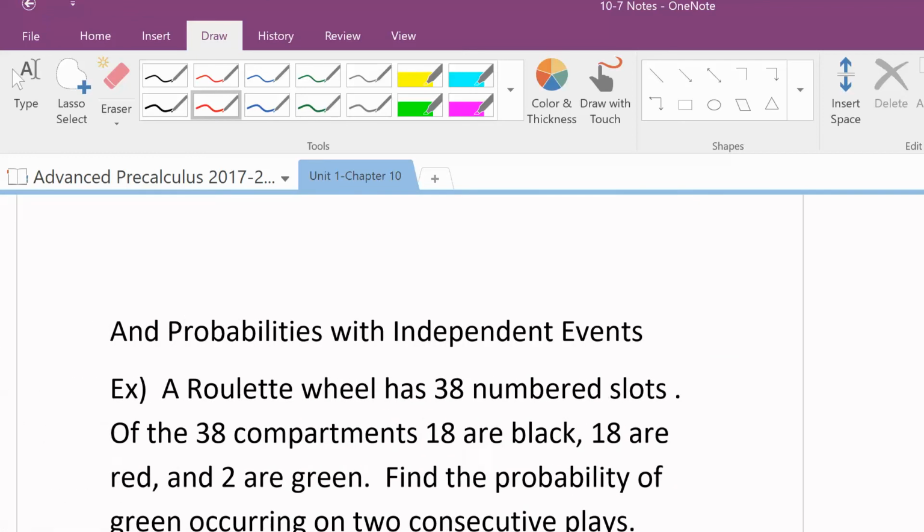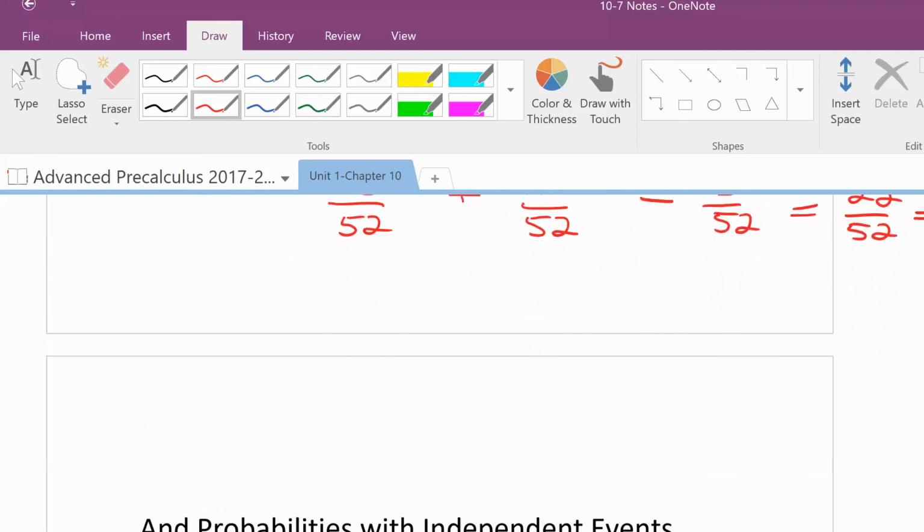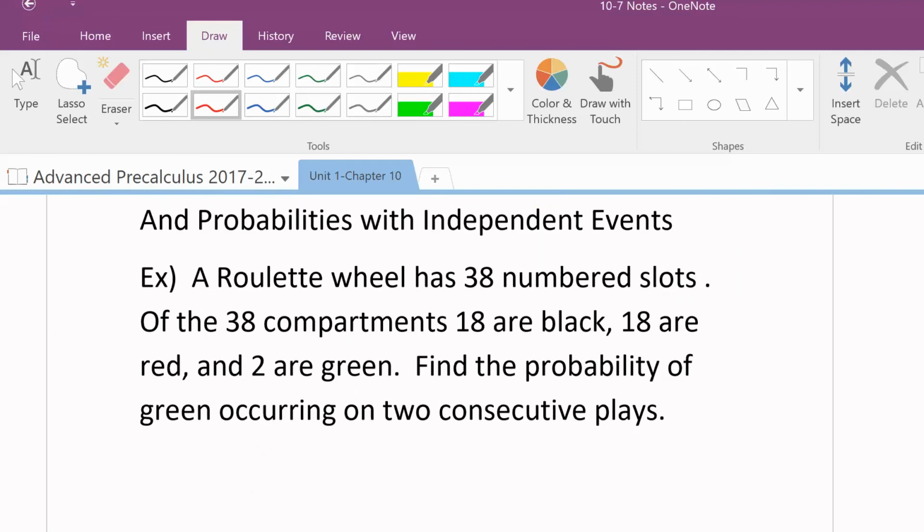All right. Next, probability when you're dealing with independent events and you have the word and. So for example, here a roulette wheel has 38 numbered slots. Of the 38 compartments, 18 are black, 18 are red, and 2 green. So find the probability of getting green occurring on 2 consecutive plays. So you want the probability of getting green and getting green again.